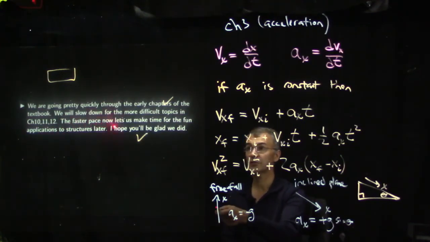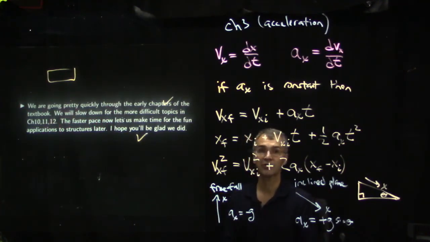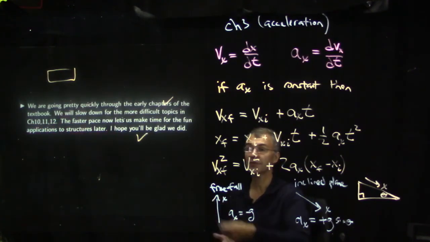So we're doing a faster pace now so that once we get through Mazur's chapter 12, which is about torque, then we can take our knowledge of vectors, forces, and torques and use them to learn some things about architectural structures. So I hope that's one of the key features that make this course fun.